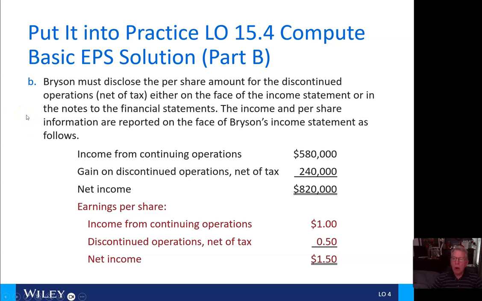Bryson must disclose the per share amount for the discontinued operations net of tax, either on the face of the income statement or in notes to the financial statements. The income and per share information are reported on the face of Bryson's income statement as shown on this slide. Okay, I think that's clear.